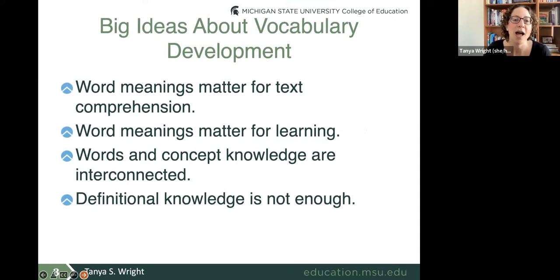Okay, so we've talked a lot about word meanings mattering for text comprehension, for learning across the content areas, and really for anything new that we learn, right? Inside or outside of school, for learning something new, for building new knowledge, there are going to be words associated with that knowledge.